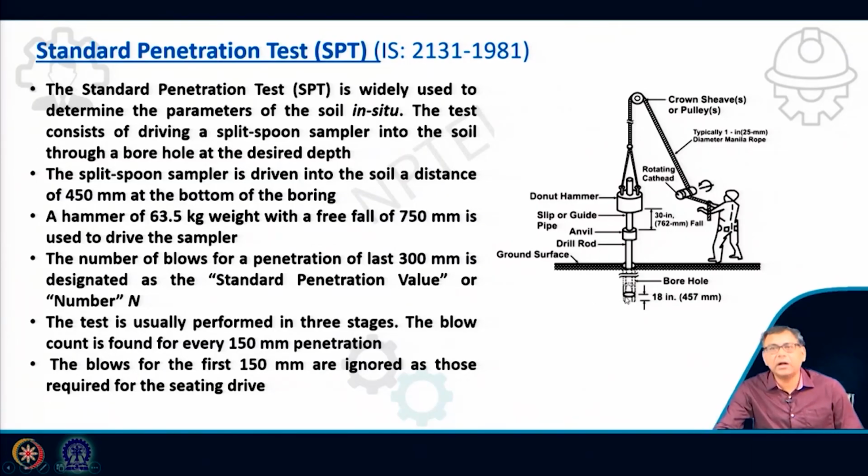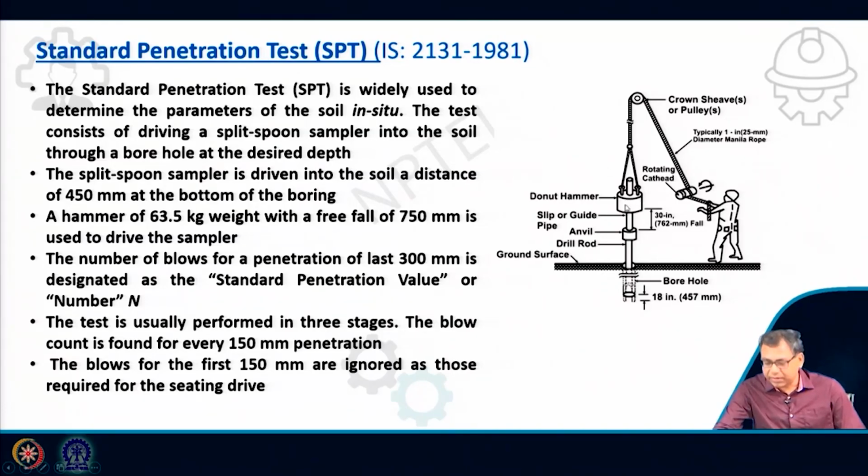And then once the test is done at that location, we can go to a further depth, and then we can do the test again with some interval. The hammer of 63.5 kg weight with a free fall of 750 millimeter is used to drive the sampler.